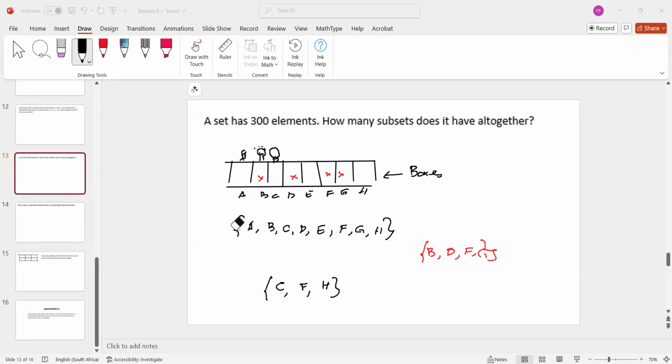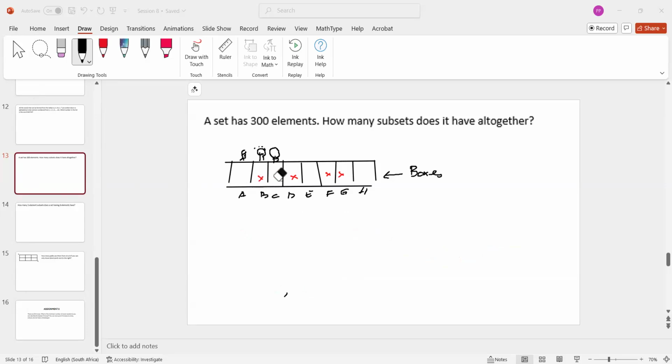To count the number of subsets, it's the same as counting the number of ways your box can be lit up. Each box can be lit in only two ways: either it's dark or it's bright.